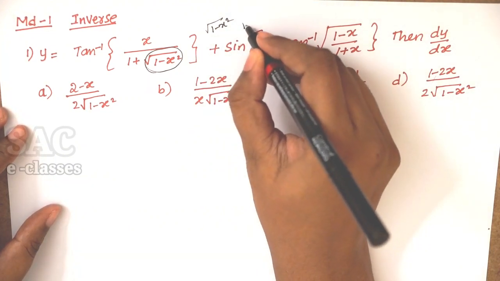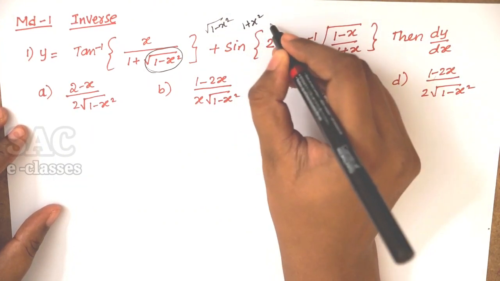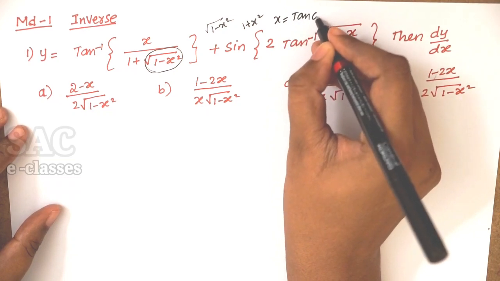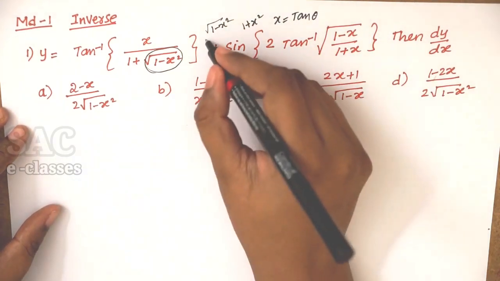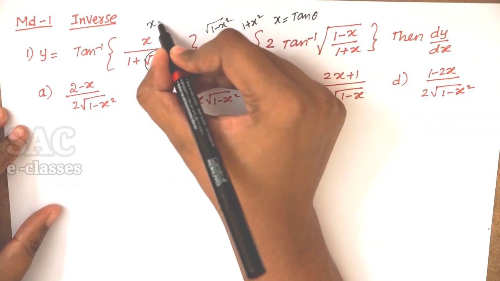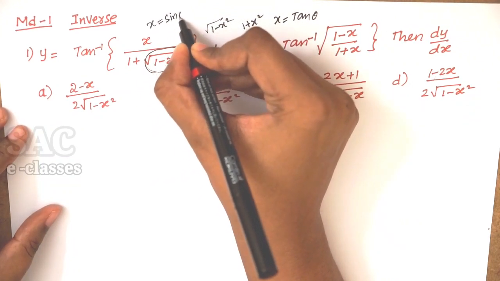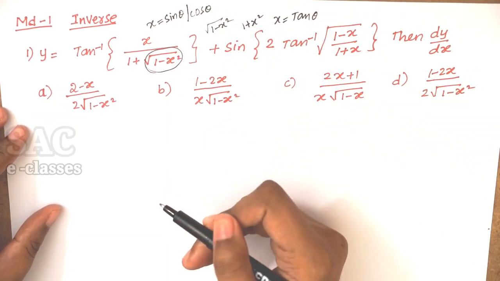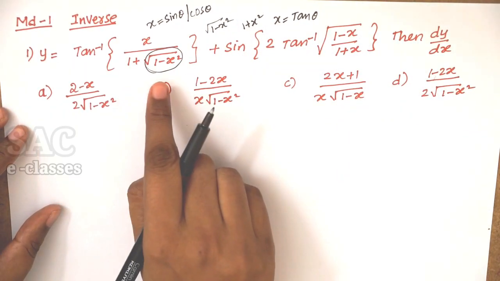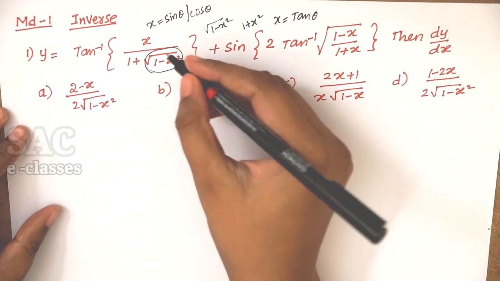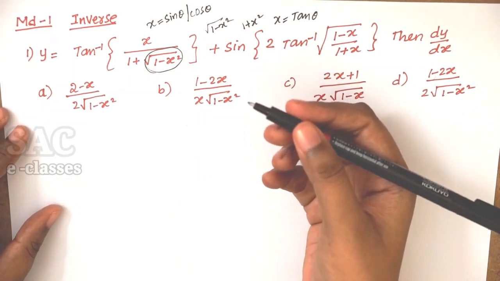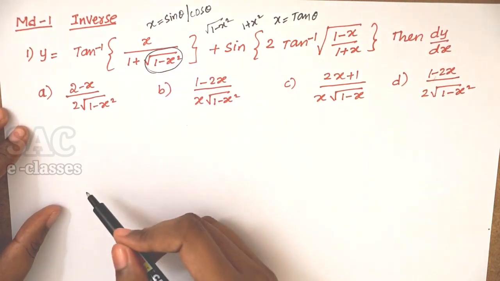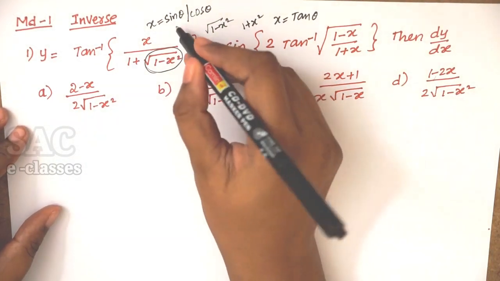Whenever it is 1 plus x square, you have to take x as tan theta. When 1 minus x square is there, x should be replaced with either cos theta or sin theta. Which is easier here, sin theta or cos theta? Whatever you take, you will get it. But here, tan inverse means sin by cos, that is why I am preferring sin theta.